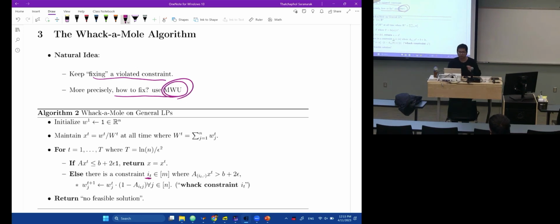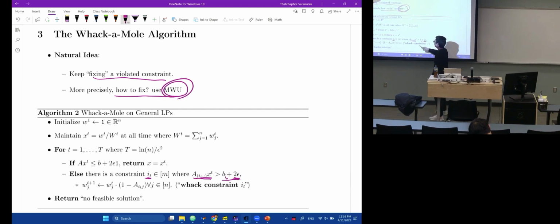There must be some row i_t such that this row, when you look at A_{i_t} times x_t, is more than b_{i_t} plus 2 epsilon. Just look at the row that is violated by more than additive 2 epsilon.